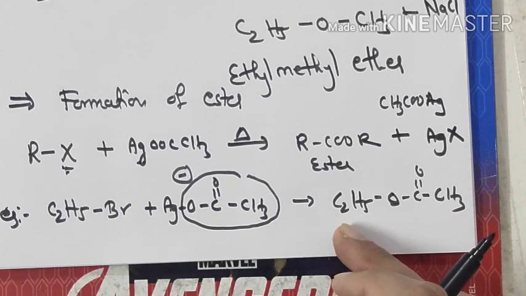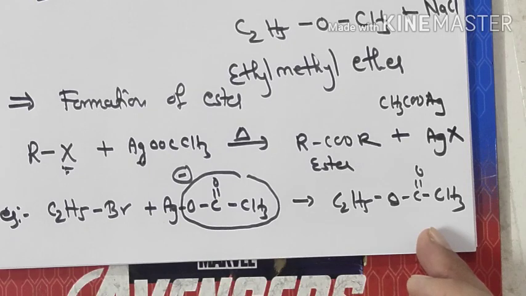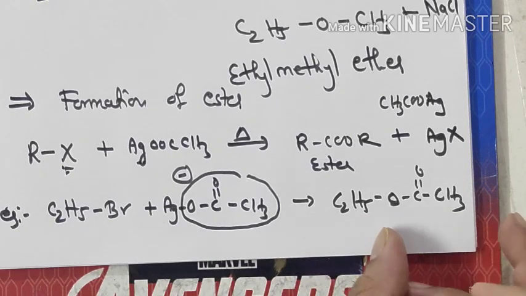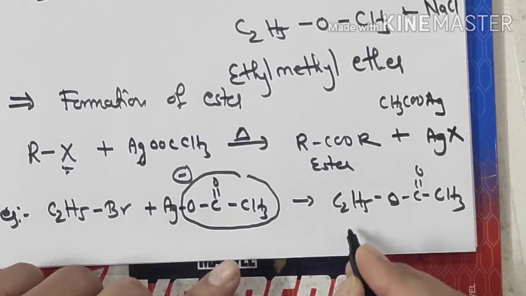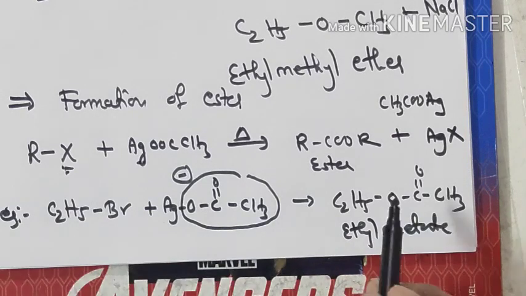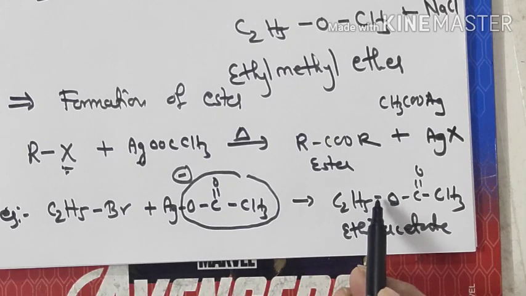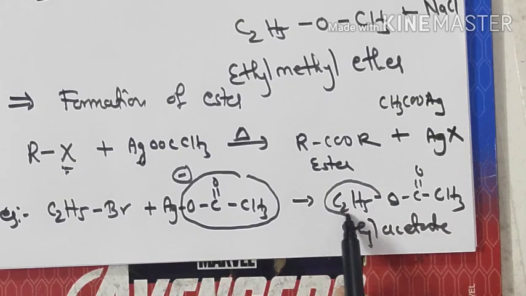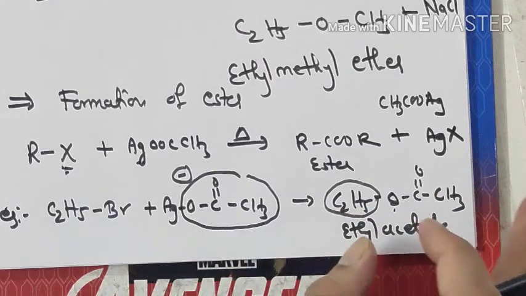This is called ethyl acetate. Student, we write the name of the alkyl group which is attached to the oxygen first. So this is ethyl, and this whole group is acetate, and that's why ethyl acetate.